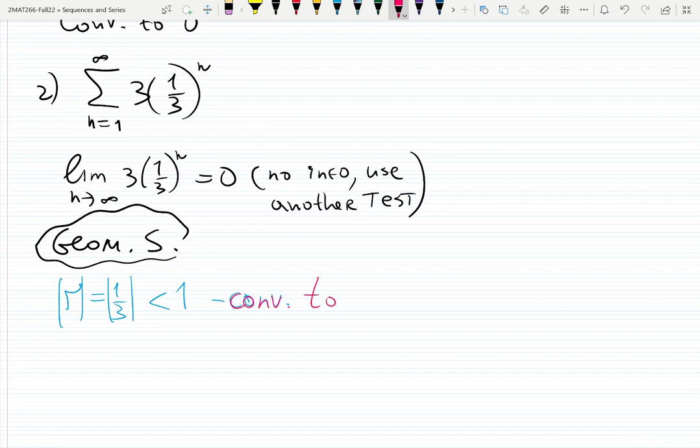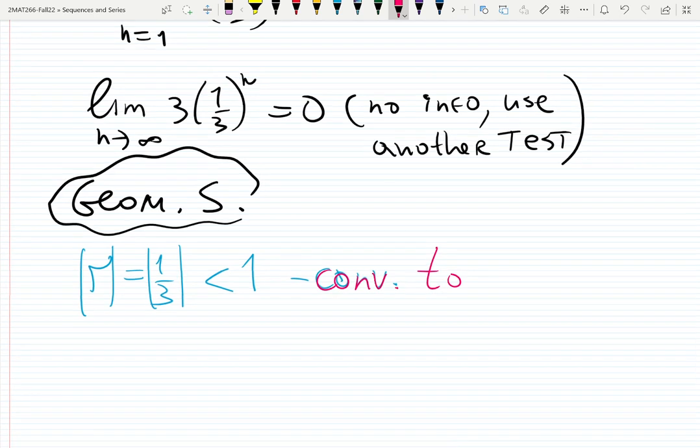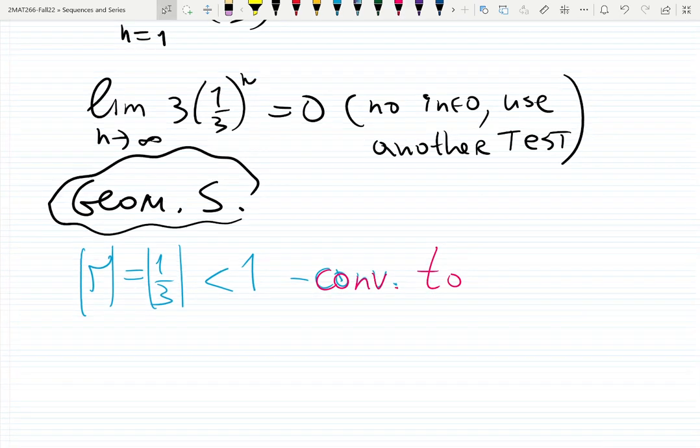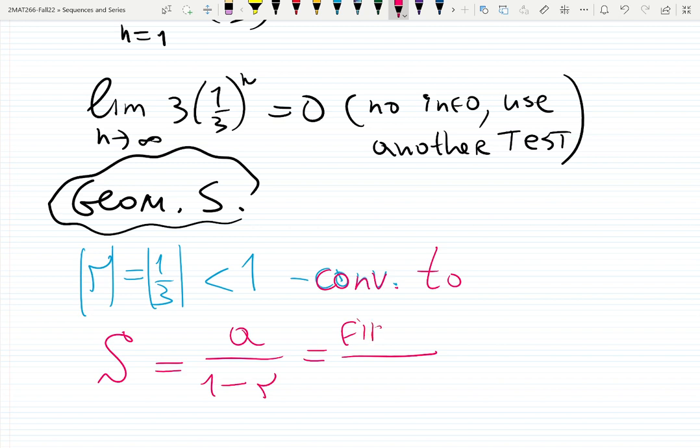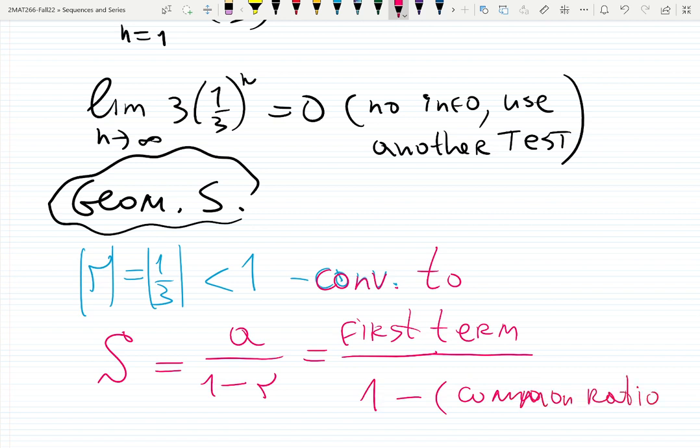Not only do we know it converges because 1/3 is less than 1, and that is the common ratio, but we know it converges to the formula a over 1 minus r, where a is the first term, not just the number standing over there, which is 3. No, it's not 3. It's the first term over 1 minus r, where r is the common ratio.